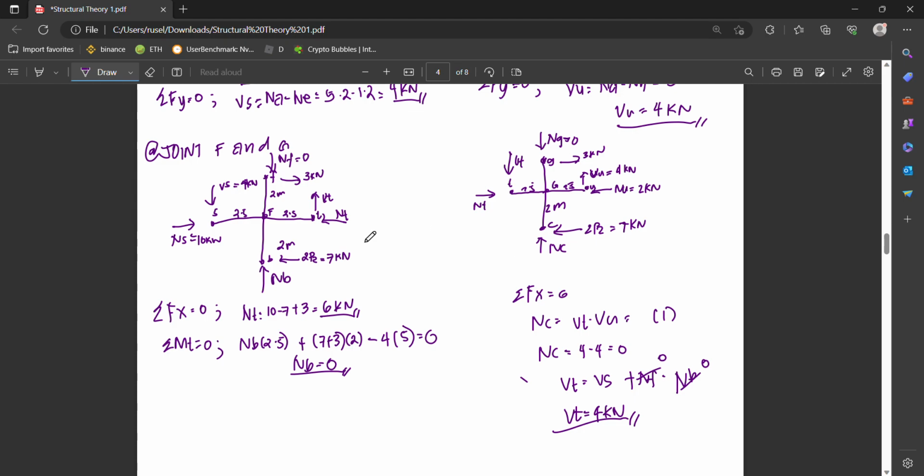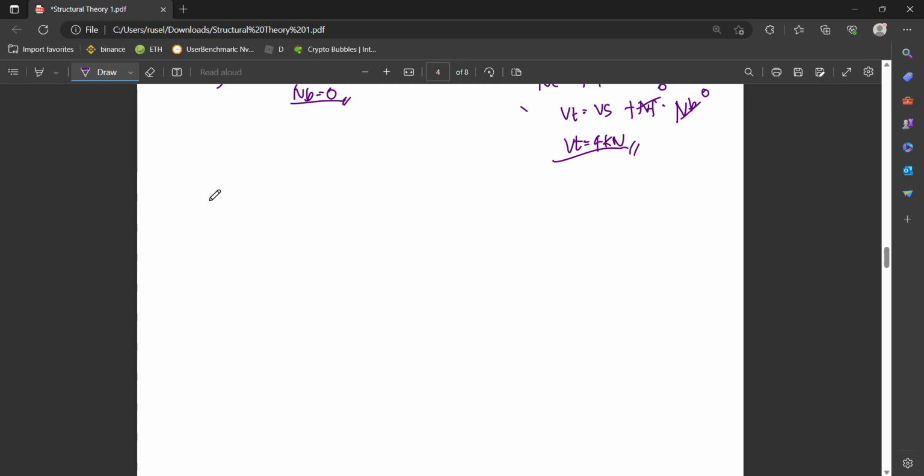Okay? Kuha na tayo ng, we consider your supports, bottom support. Consider natin yung bottom support natin. Consider your bottom supports. Ito yung A, B, C, and D. Okay? So, ito na.